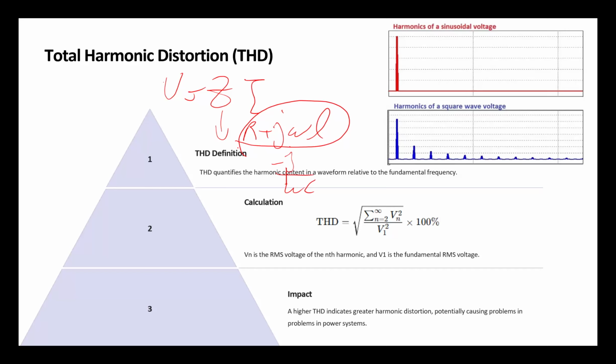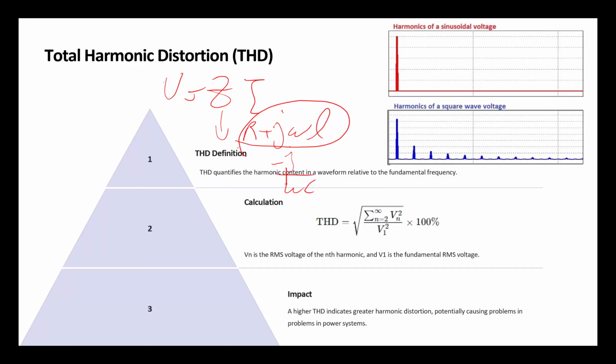It's a very easy concept. It is the overall effect of all the harmonics compared to the fundamental. We calculate the root mean square of all the harmonic amplitudes from 2 to infinity: all the V squared, added together, then the square root, over the fundamental.